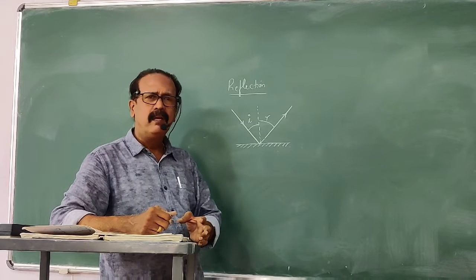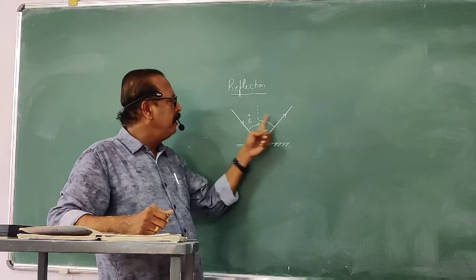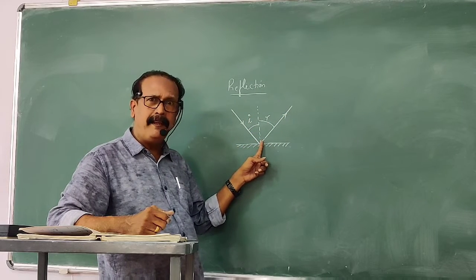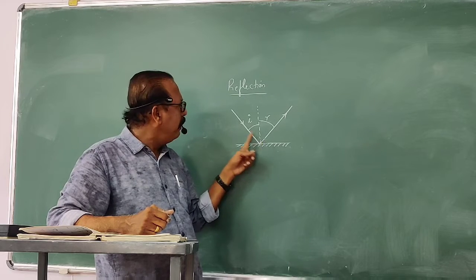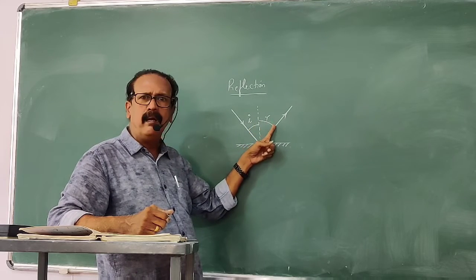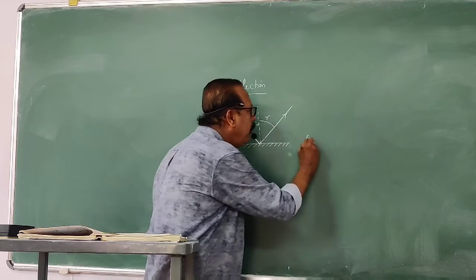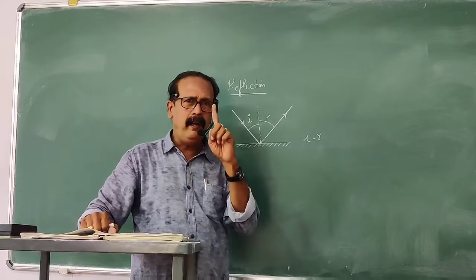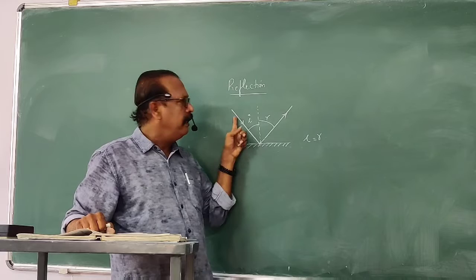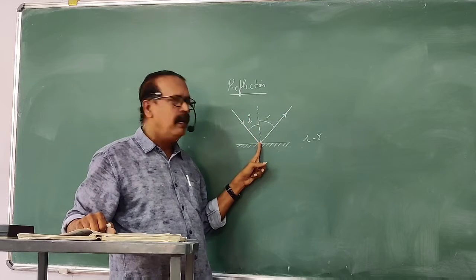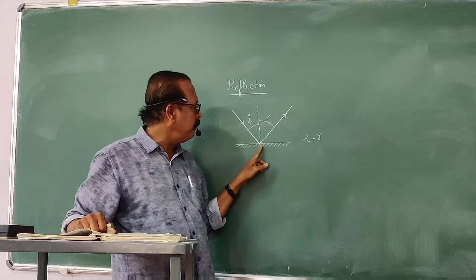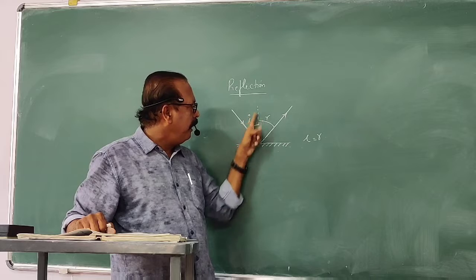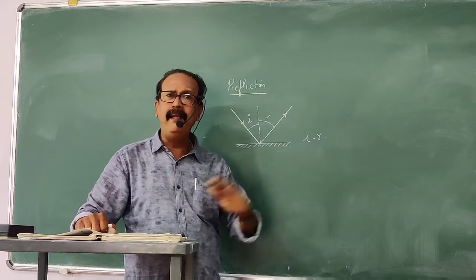The first law: the incident ray, the reflected ray and the normal drawn at the point of incidence should lie in the same plane.